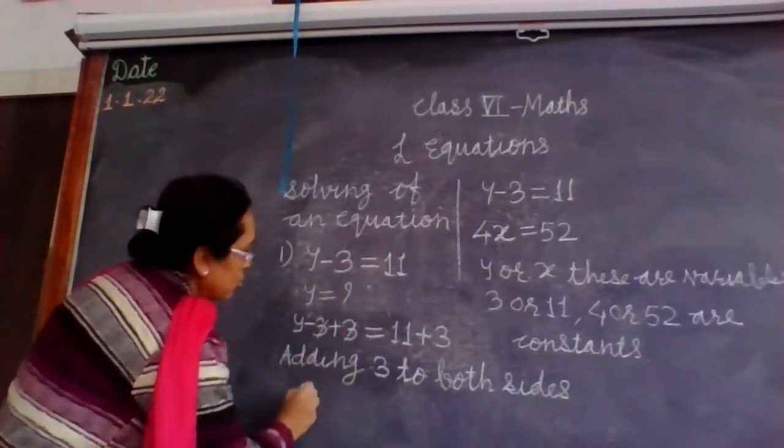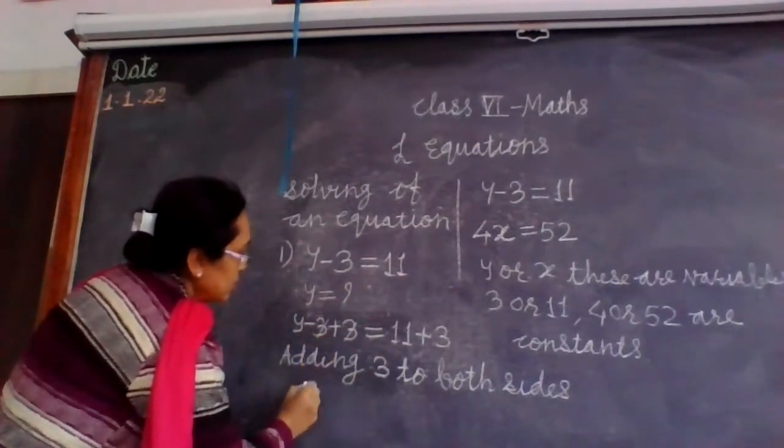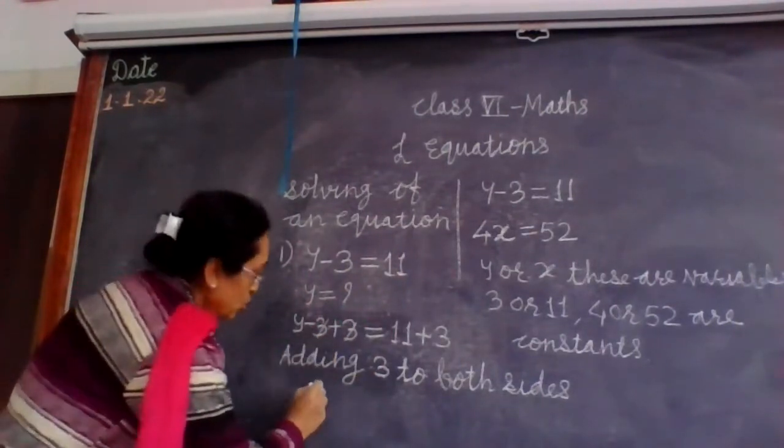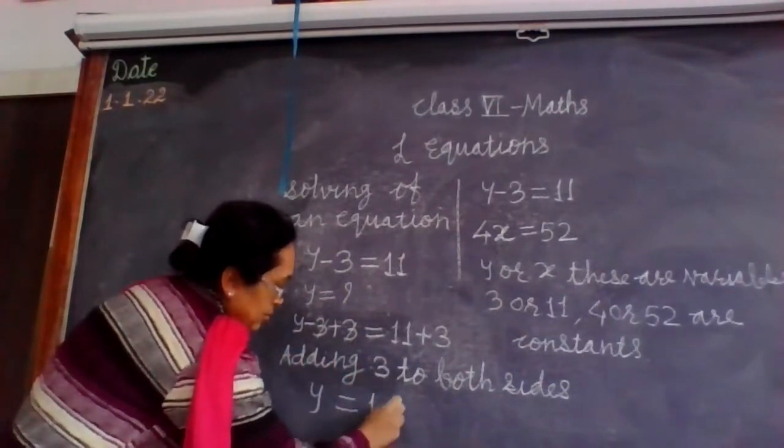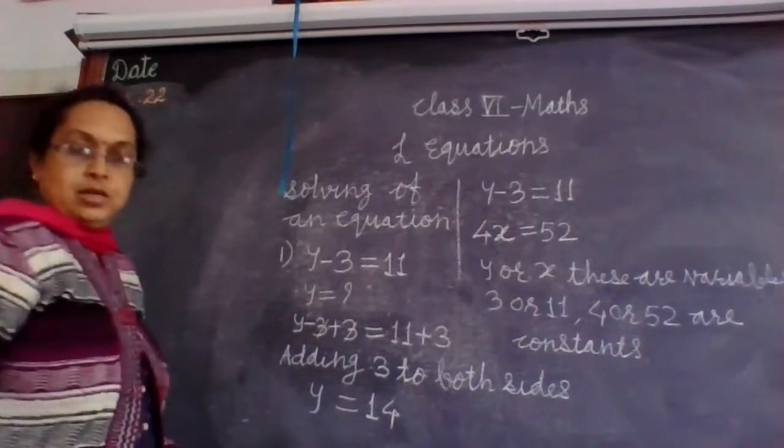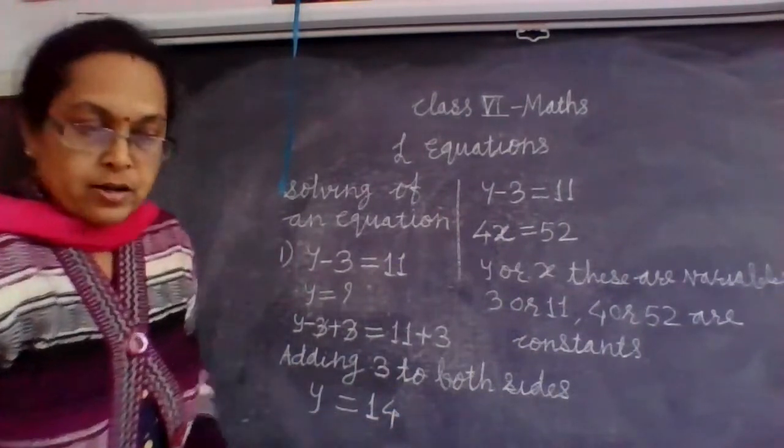After adding, these are cancelled. Minus 3 plus 3 becomes 0. So y is on the left side and on the right side of the equation it is 14. So it is solved.